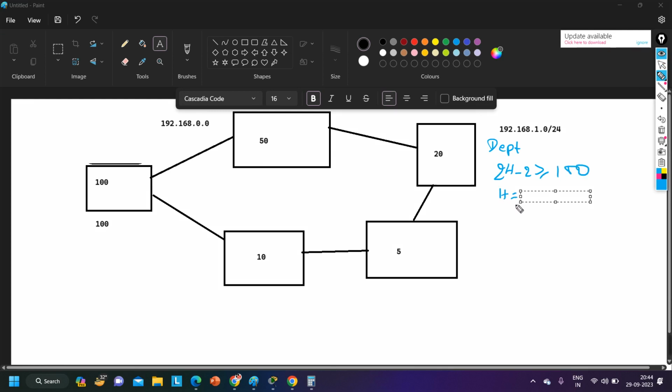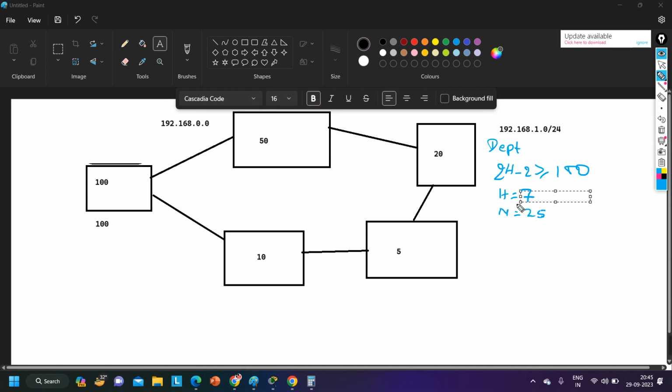Then what should be the value of h? h should be 7. So if h is 7, then n will be 25. Out of the 32 bits of the IP address, 7 bits are host bits, so the network bits are 25.